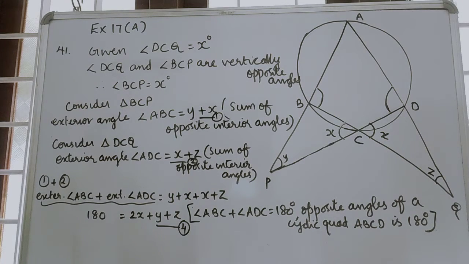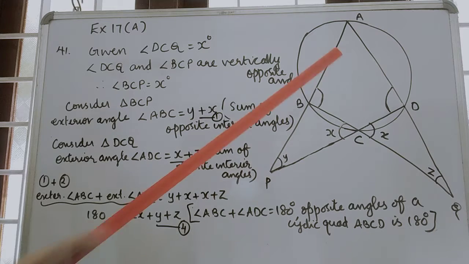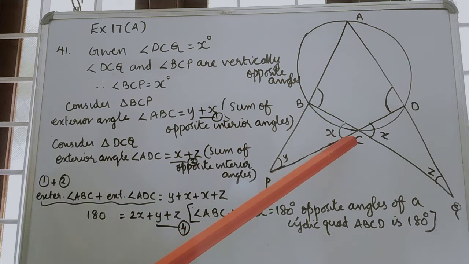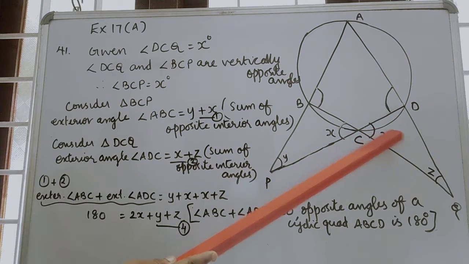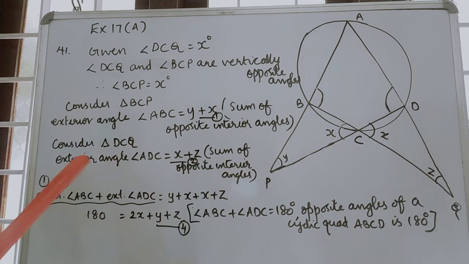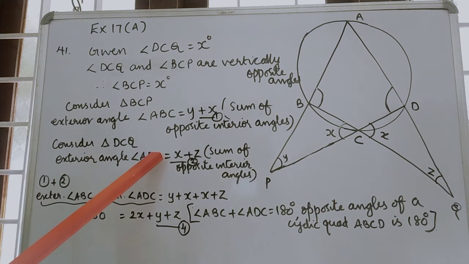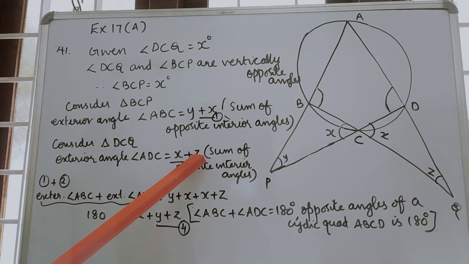Same way, the exterior angle will be equal to the sum of opposite interior angles. So how can we write? Angle ADC will be equal to x plus z. Exterior angle ADC is equal to x plus z. Let it be equation number 2.